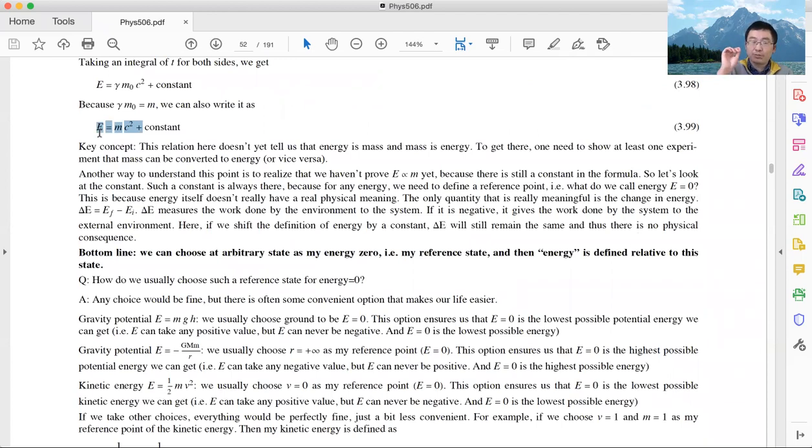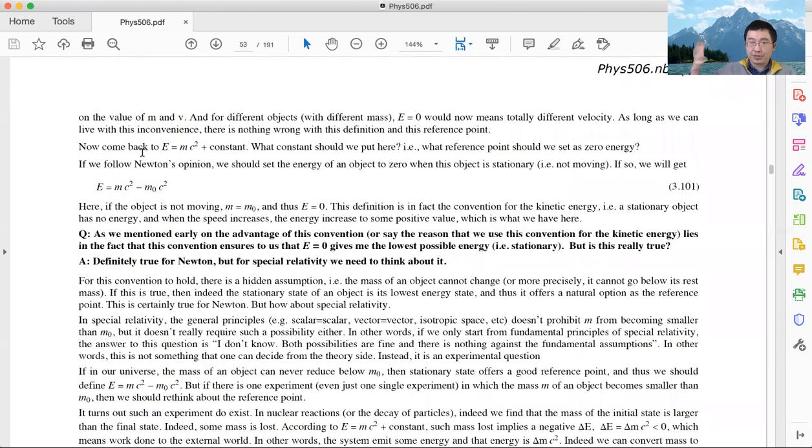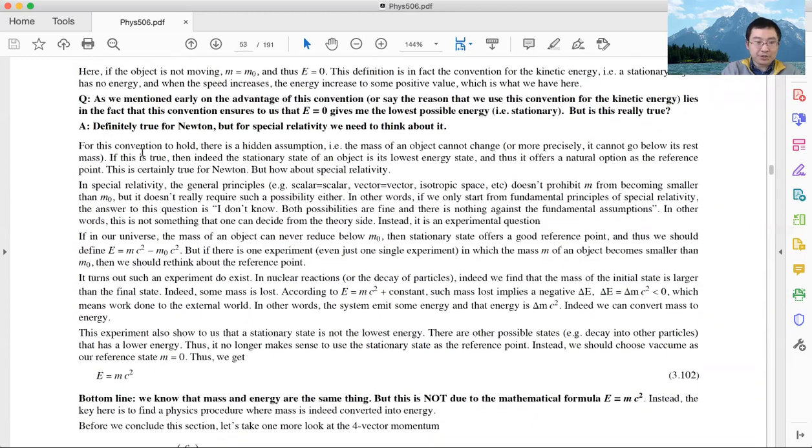Our fundamental principle and the mathematical derivation tell us this relation, but the relation itself does not tell us whether mass can be converted to energy or not. That part was answered by experiments. And that was a separate principle, a separate fact of our universe.